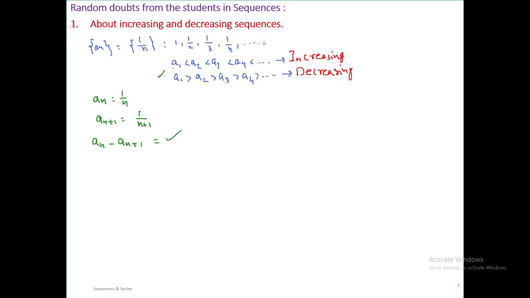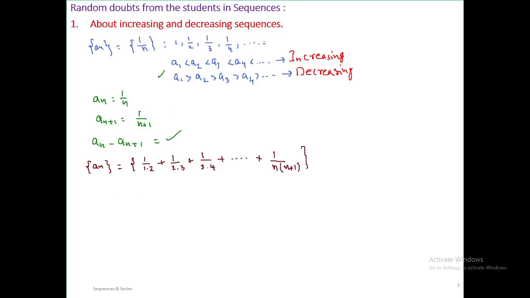But this kind of technique will not work out always. Why? Because if the sequence is like this, for example, a_n which is 1 over 1 into 2 plus 1 over 2 into 3 up to 1 over n into n plus 1, can you find out the terms easily?